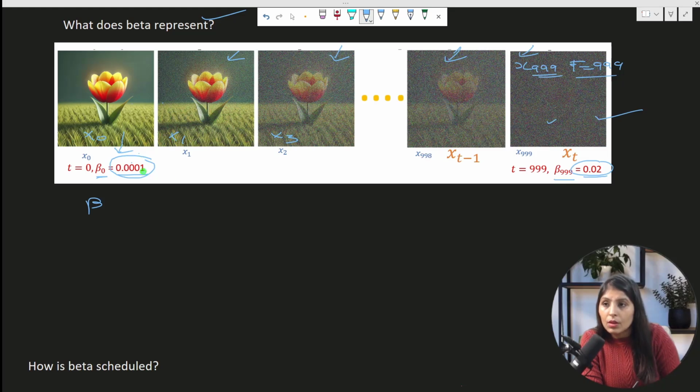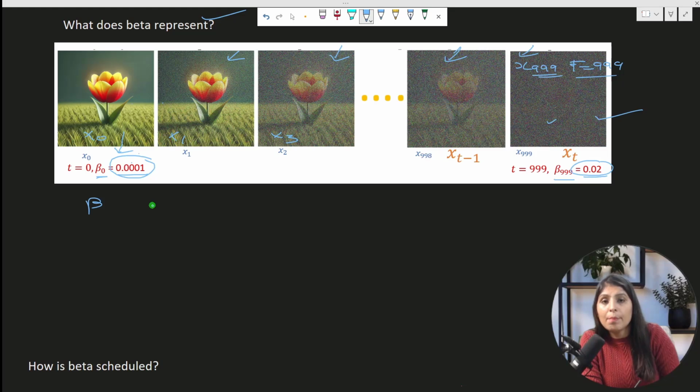Now why I have written 0.0001 and at final time step I have written 0.02? So this is the value of beta at the very first time step, 0.0001, and at last time step 0.02. Why I have written this?